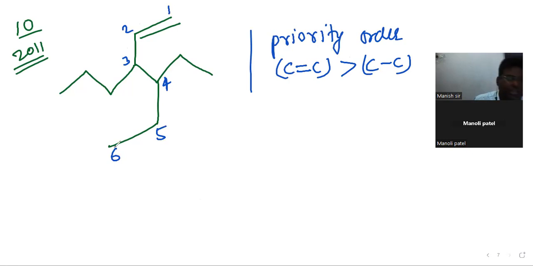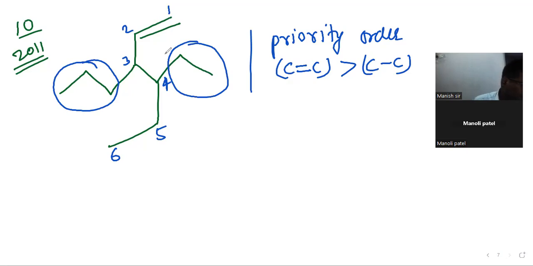See the longest chain, right? So this is your longest chain, and this part will come as the branching. So 6 carbons are there, so it will be hex-1-ene. Hex-1-ene, right. At the first carbon the double bond is there.